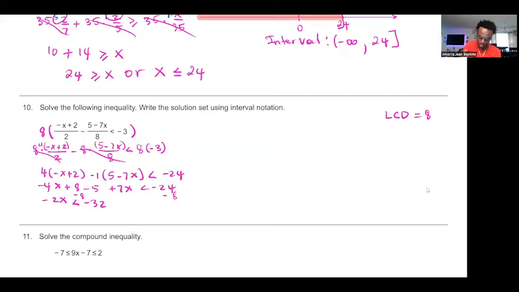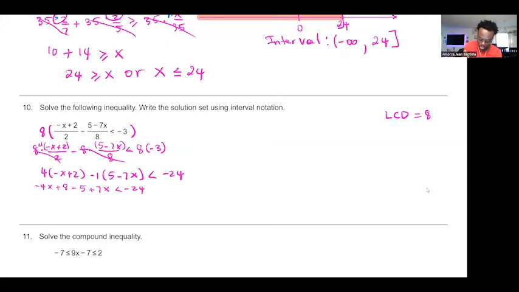That's not negative 5x. That's negative 5. And then let's take a step back. Okay, so distribute, that is negative 4x plus 8 minus 5 plus 7x less than negative 24.